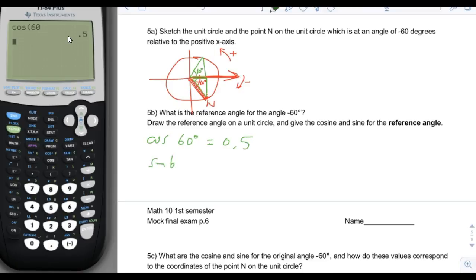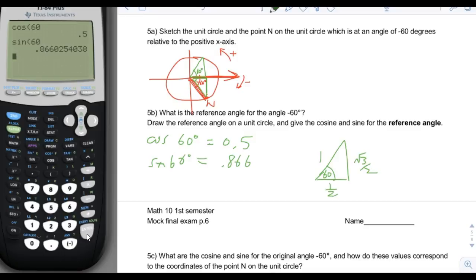The sine of 60 degrees is equal to 0.866 according to the calculator. Okay. The other way you could do it is you could use special triangles. So if you have the cosine of 60, then you know that this is a 30, 60, 90 triangle, and the proportions of this triangle are 1, 1/2, and square root of 3 over 2.